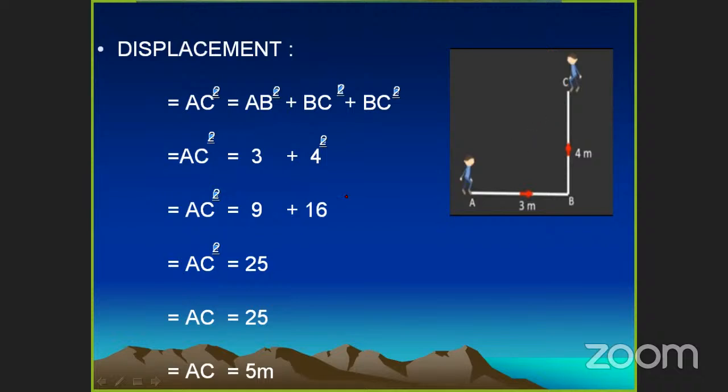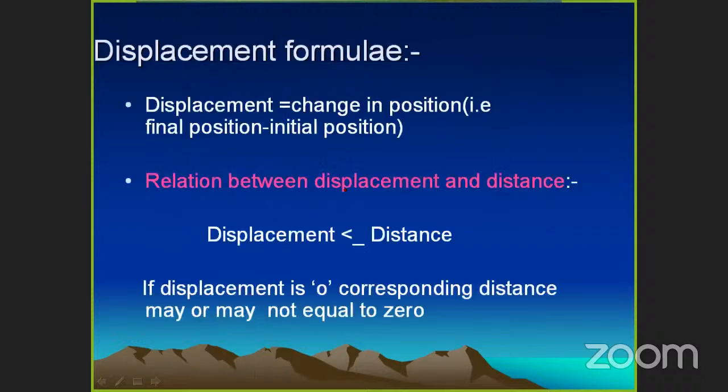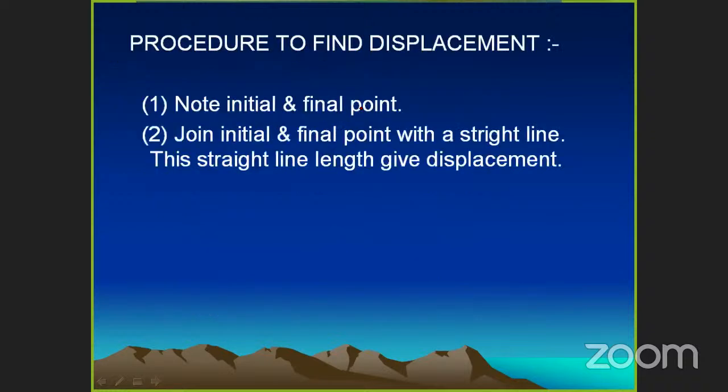How can we calculate the displacement? Procedure to find the displacement: first of all, note the initial and final point. Then join the initial and final point with a straight line. This straight line length gives the displacement.